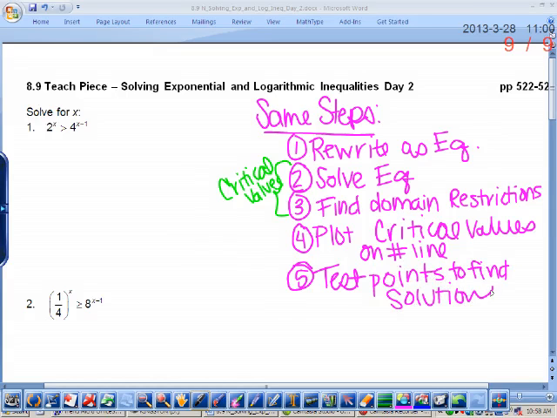So these steps aren't new. It's a different function that we're plugging in here, but these steps aren't new. And that's just what you want to keep reminding yourself. Does everyone have this down that would like it? Okay.